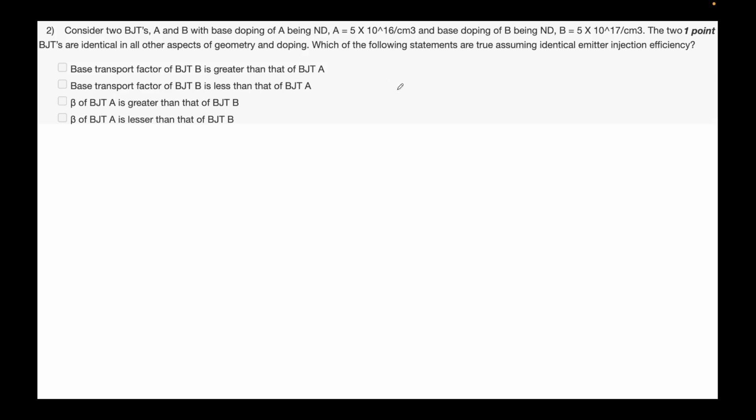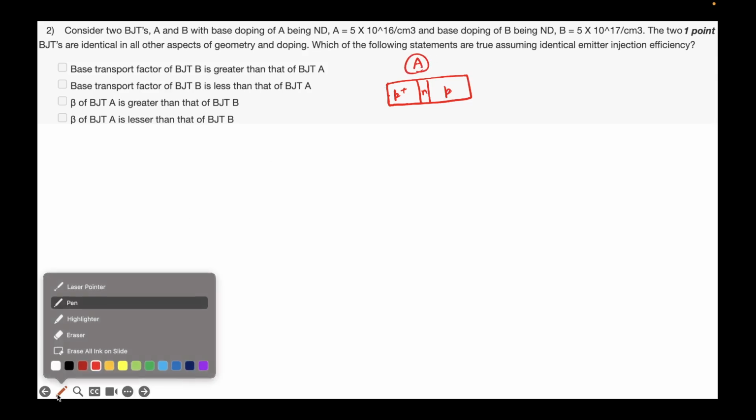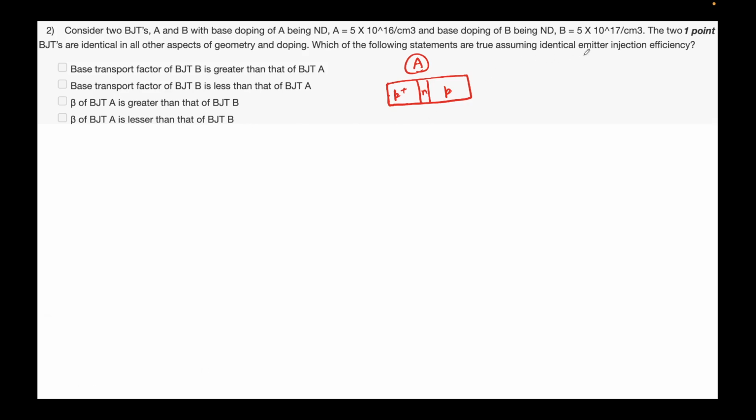Okay, so let me first draw that. So this is P plus, N and P. Okay, and this is our first BJT A. The second device is the same.